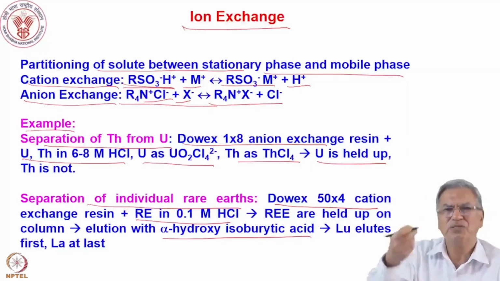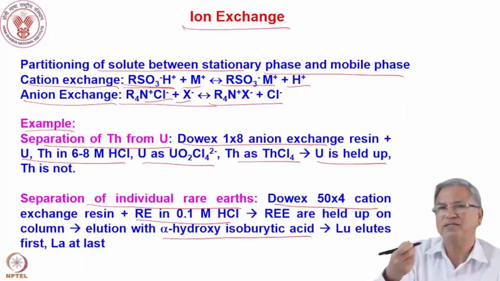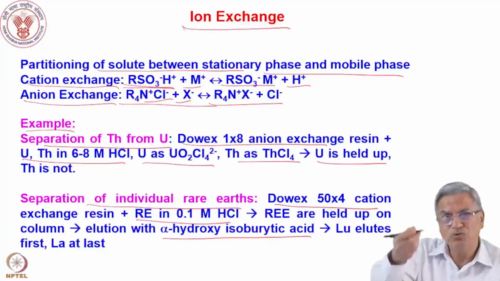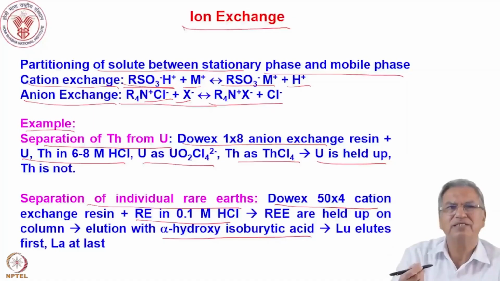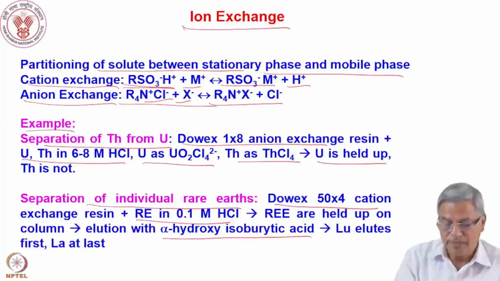Because the rare earth ions have different ionic potential, they have different stability constants. By eluting with this particular reagent, individual rare earths will come out one by one. The lowest ionic radius, lutetium, will come first and lanthanum last.